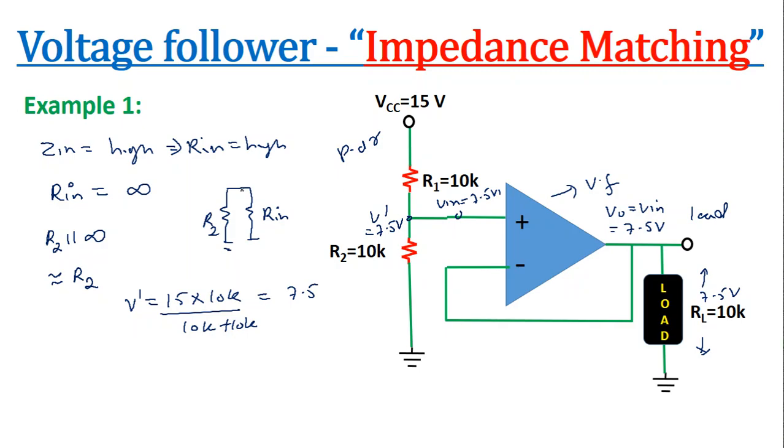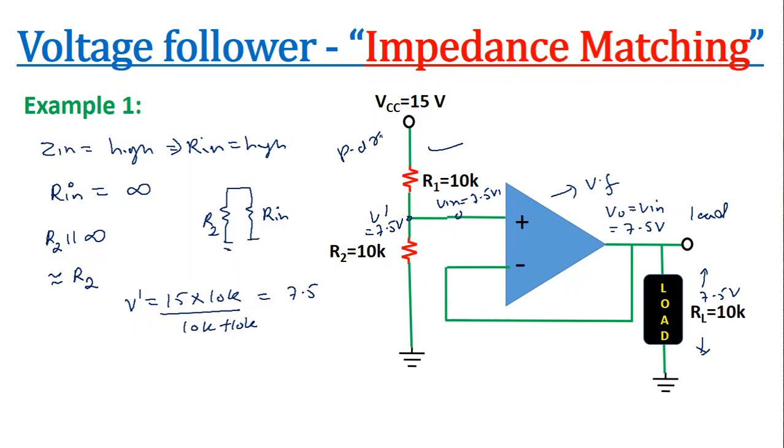Okay, now with the help of this voltage follower circuit, we have achieved the desired voltage with the same potential divider circuit, without changing the resistances of the potential divider or the load resistance.